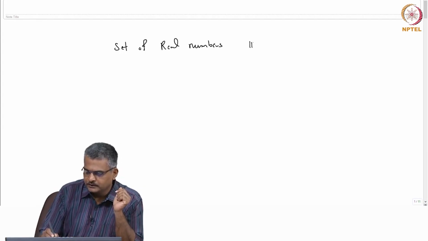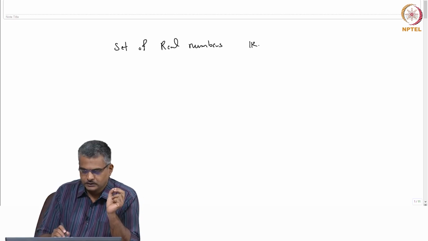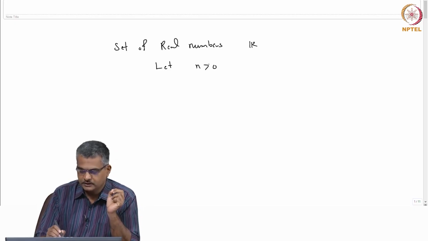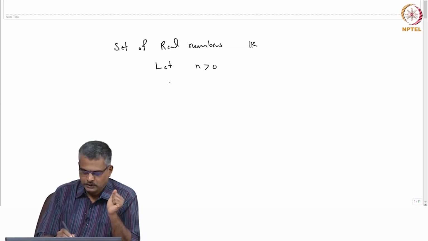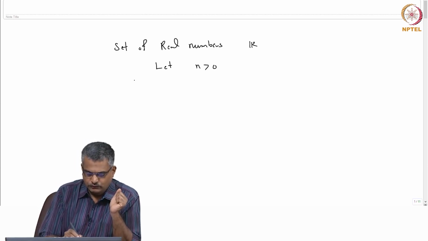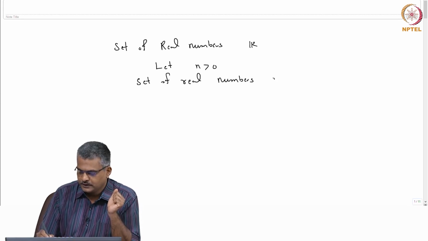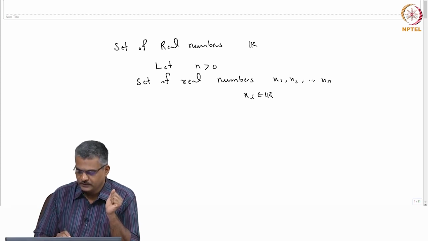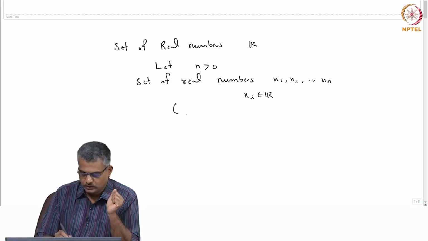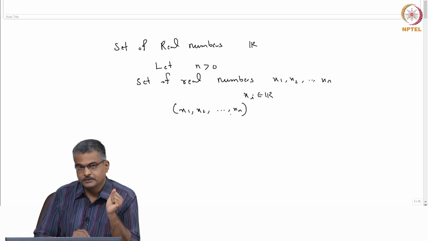We will denote it by the script R. Now let n be any integer greater than 0, and now you take a set of real numbers x1, x2, so on up to xn, where each xi is a real number, and then you arrange them in an order, x1, x2, so on up to xn.